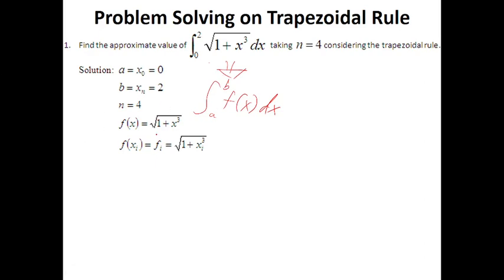And then we can replace x by x sub i. f of x sub i equals f sub i equals the square root of 1 plus x sub i cubed. Or you can also use k: f sub k equals the square root of 1 plus x sub k cubed.